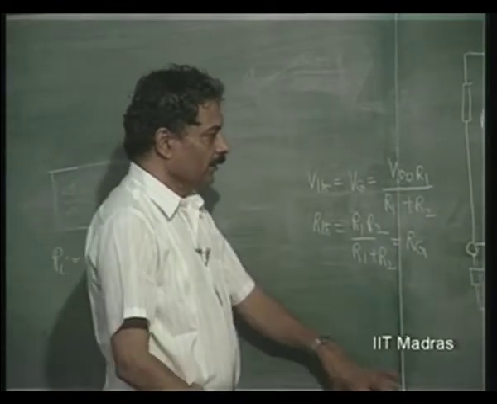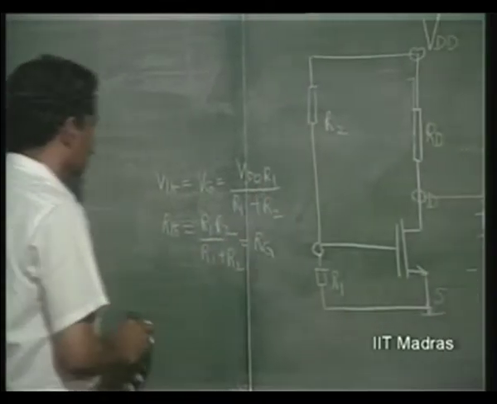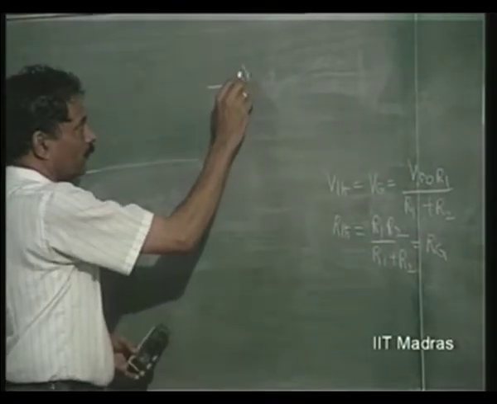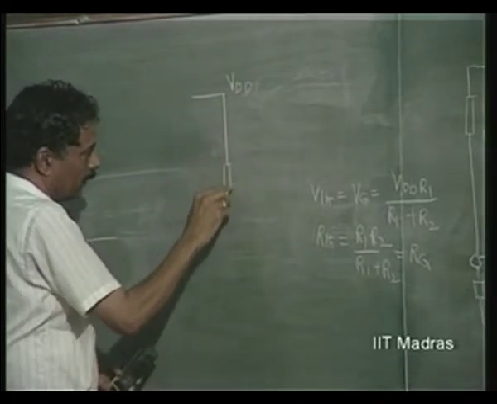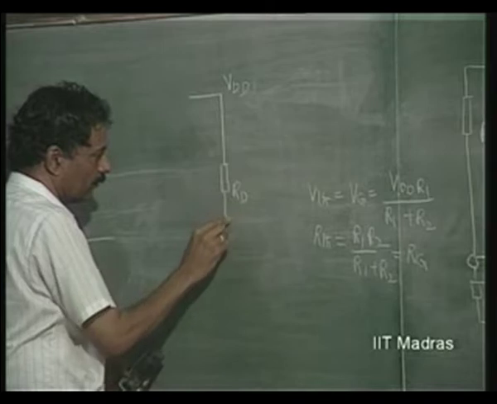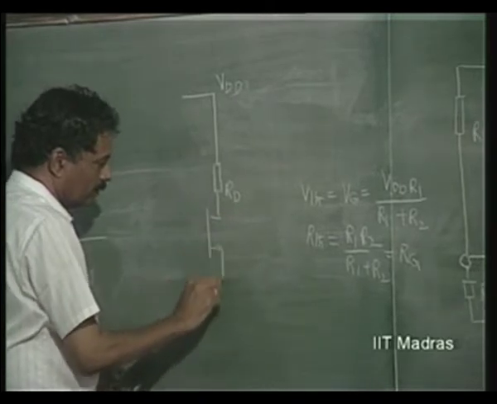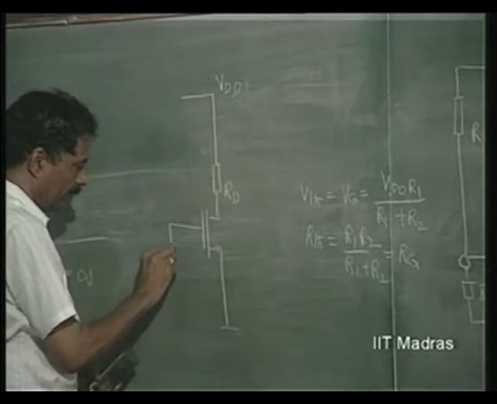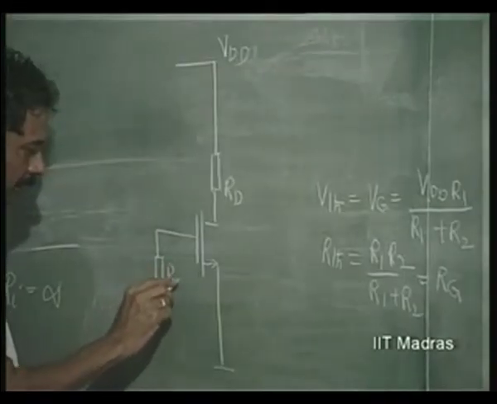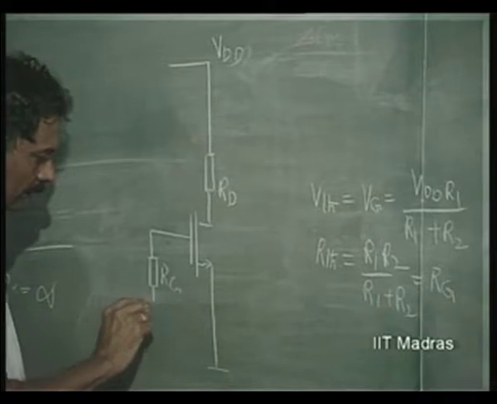So, this therefore is equivalent to VDD, then RD, ground, then we have RG and VG.